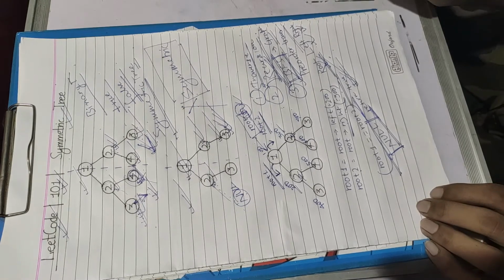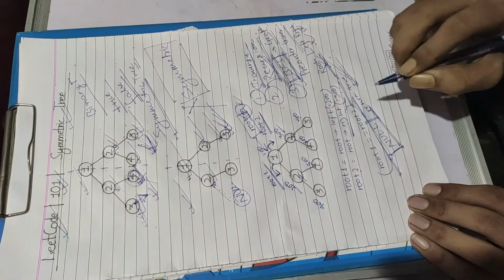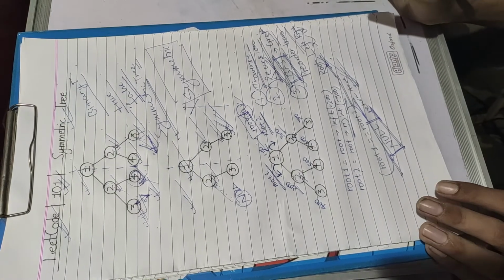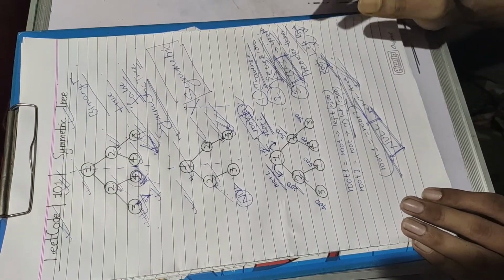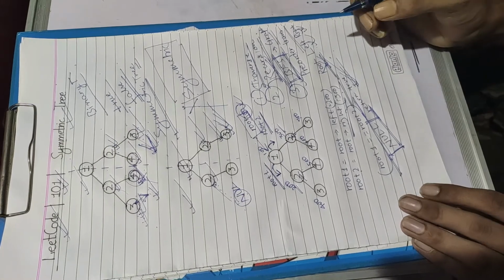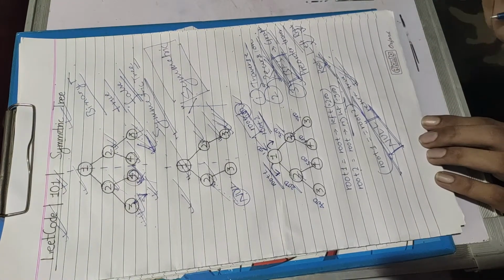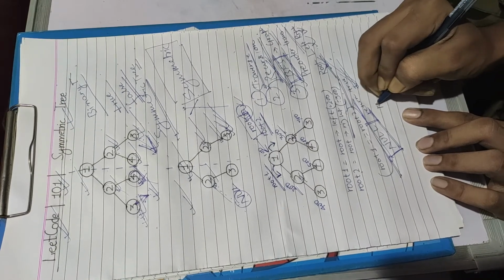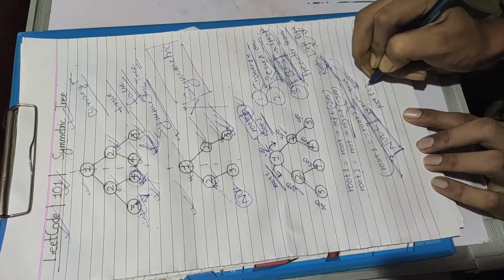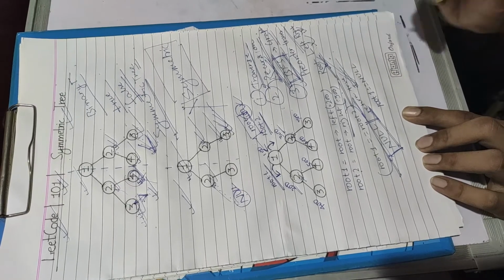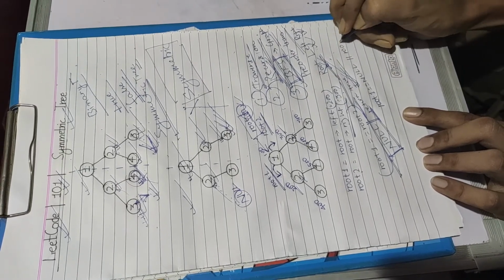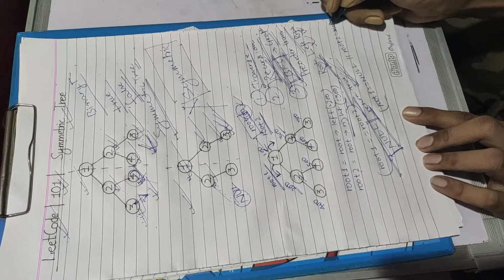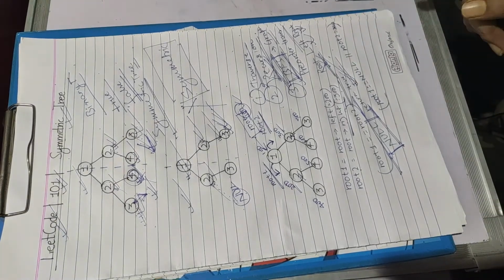Now if root 1 and root 2 are not equal, then what could be the cases? If this is not equal, then there can be one case, that one of them is null, root 1 or root 2 equals null.